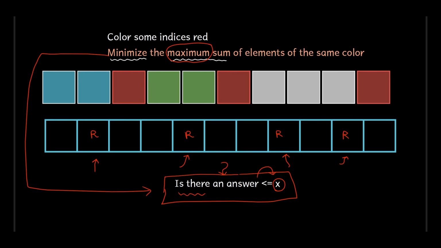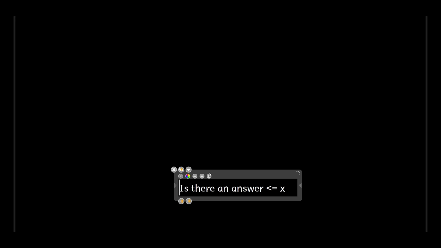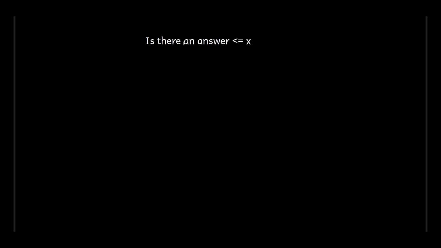That is, is there an answer less than or equal to x? Meaning, can you create barriers? So let's write that down explicitly. So we are looking for this. Let's formalize this.